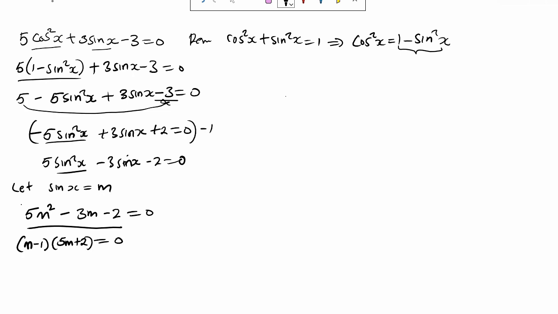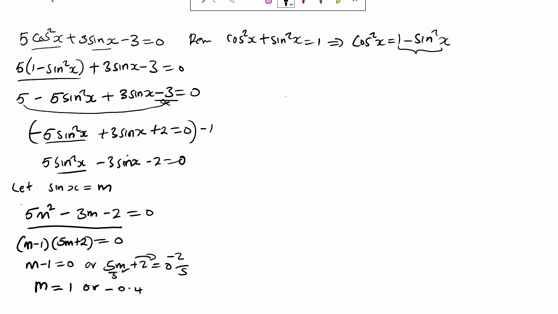Now from here, either m minus 1 equals 0, or 5m plus 2 equals 0, from which m equals 1, since -1 crosses and becomes a positive, or 5m equals -2, because plus 2 crosses the equal sign, and if you divide everything by 5, you shall get the value of m equals -0.4.